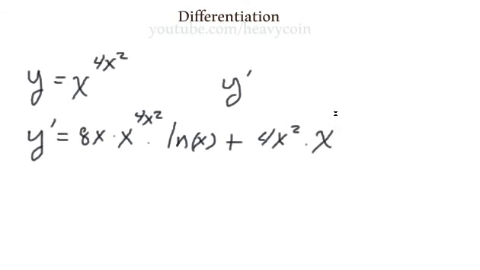rewrite, except remember, if this is just a number up here like 7, we subtract 1 from it. So we have to subtract 1 from that. Okay, and then we can simplify this thing down. So I'll just rewrite 8.